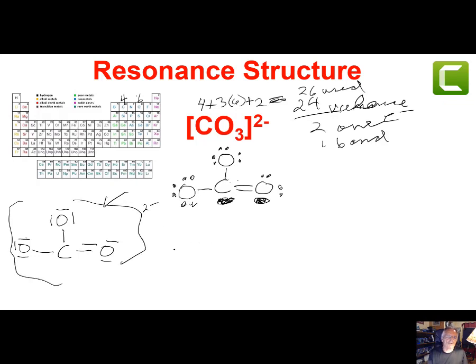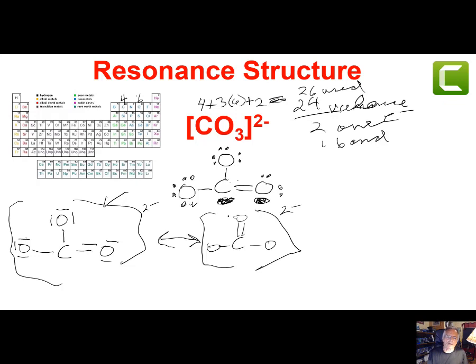It's got a 2- charge, but could I have put this double bond over here between carbon and this oxygen, or carbon and this oxygen? The answer is yes. I could have had a double bond here, single bond here, single bond here, and that would have been my resonance structure.